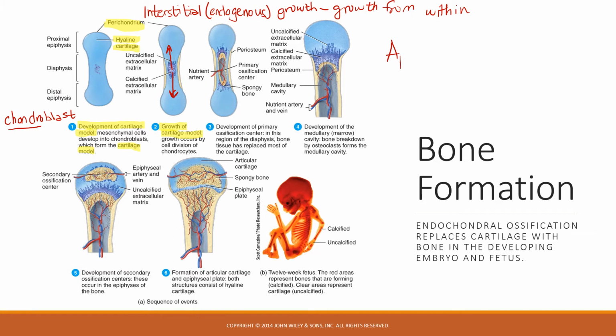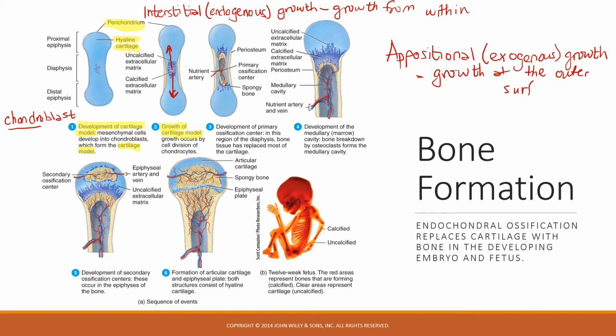This is called appositional or exogenous growth, meaning growth at the outer surface. So this is how the model grows in width or in thickness.